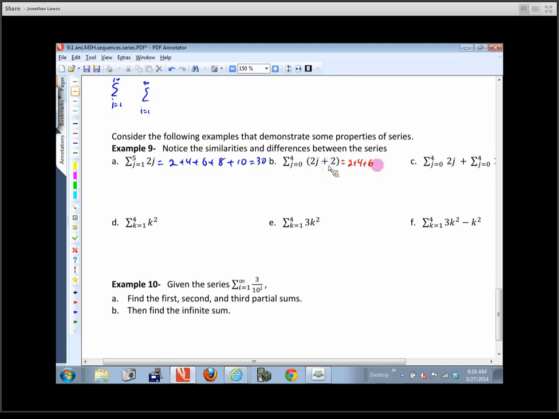If I plug in a 3, I get 8. And if I plug in a 4, I get 10. Exact same partial sum. Exact same series. So the difference is, remember we talked about this.